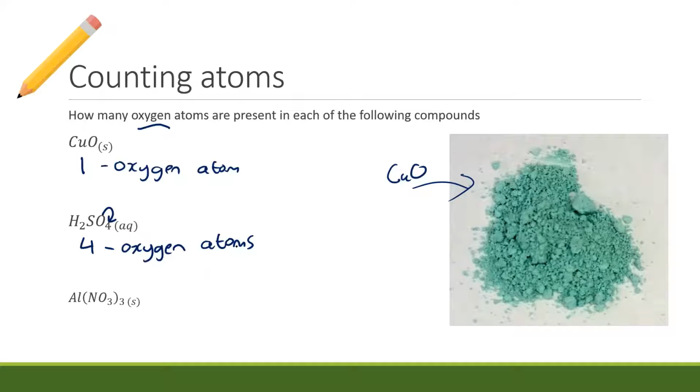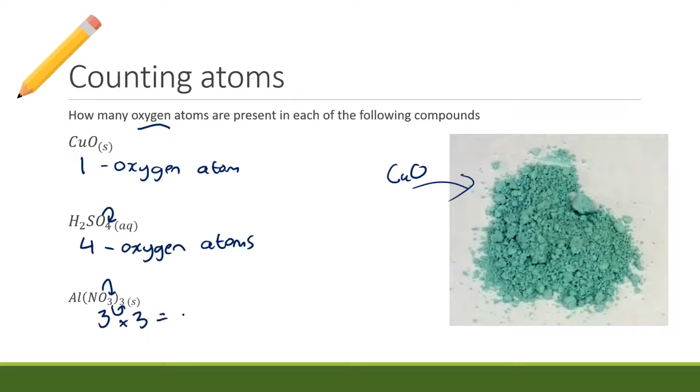Last one here is aluminium nitrate. Can someone tell me how many oxygen atoms you guys think there are in this? 9. There are 9. The reason there are 9 is because you would say, oh, there is 3. But the trick here is that there are 3 copies of that 3.